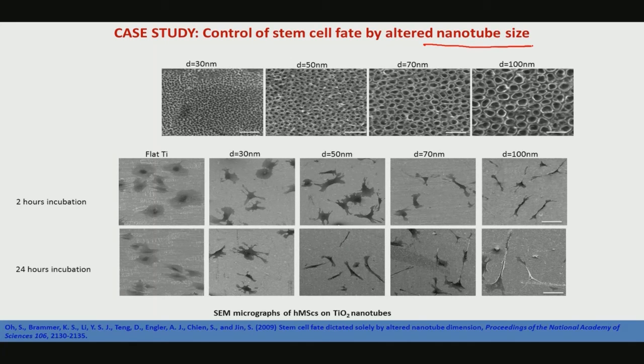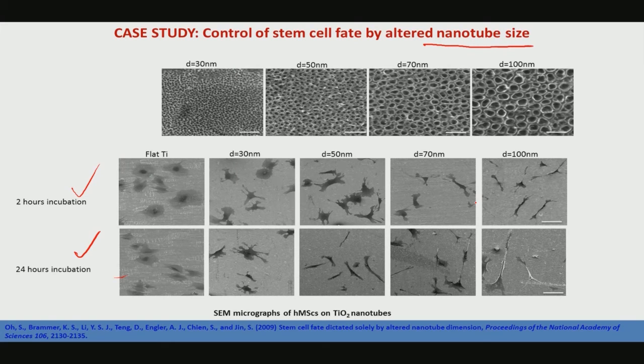Now, when you grow stem cells on this for 2 hours and 24 hours, during the initial stage and then after 1 day, if you look at the morphology of the stem cells, you suddenly see that nanotubes indeed have some observable influence on the stem cell morphology after it is grown for 24 hours.